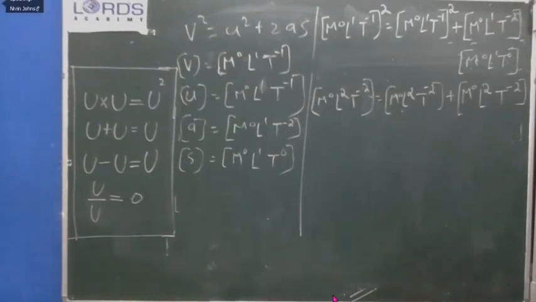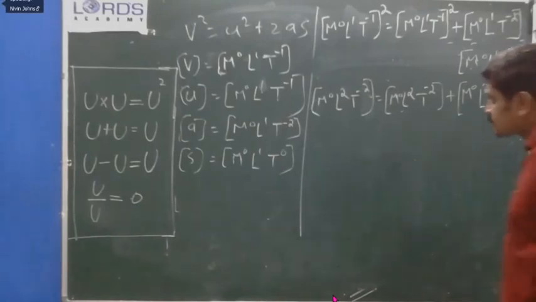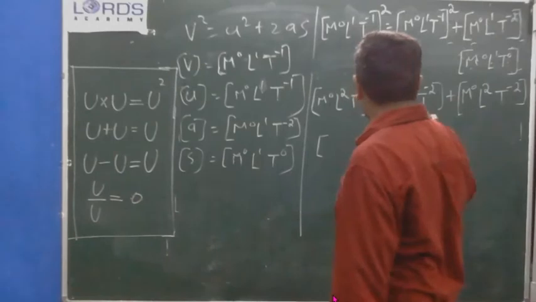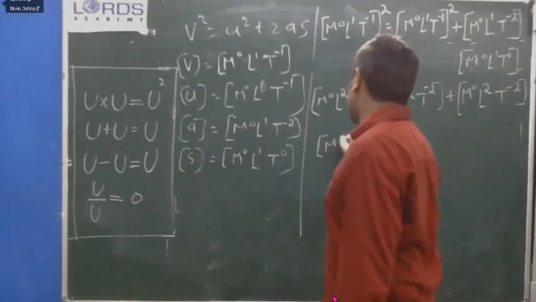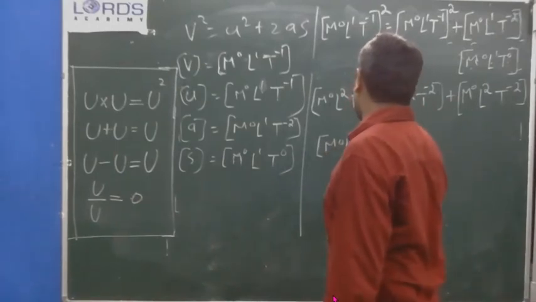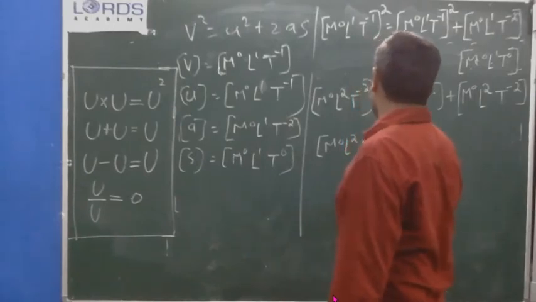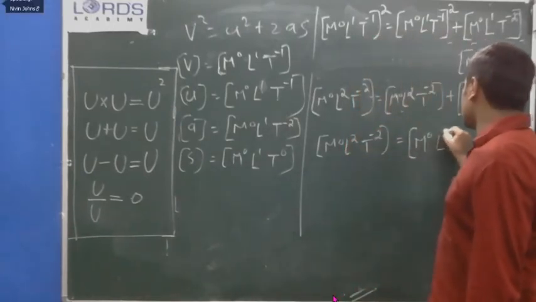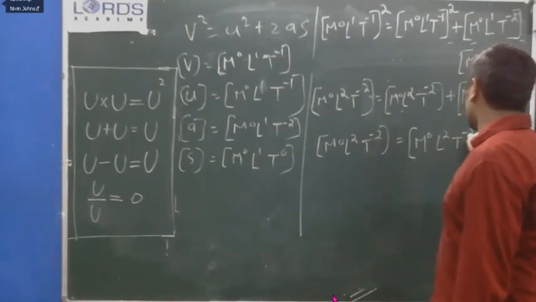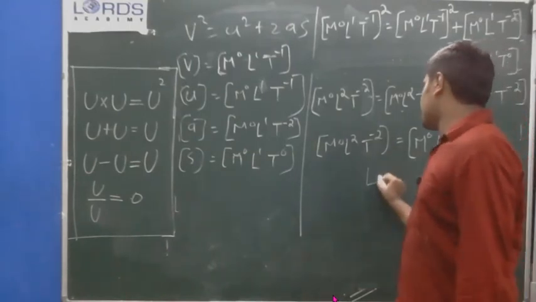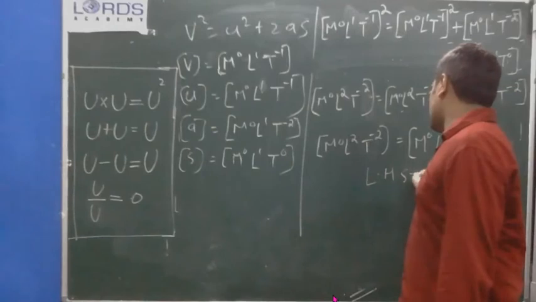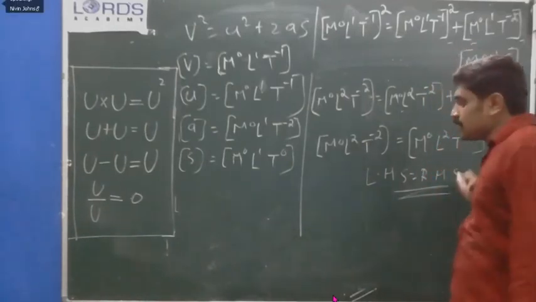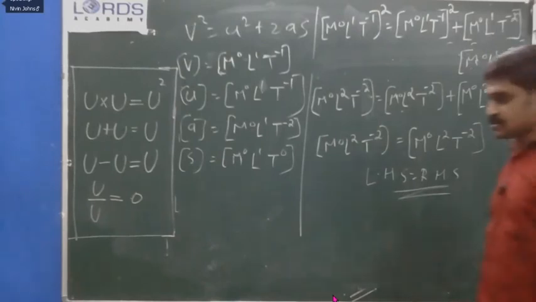Okay, just to conclude, Nivin, just complete this. We have to add this also: S square, T raised to minus 2, equal to M raised to 0, L raised to 1, T raised to minus 2. So we obtain LHS equal to RHS. So the equation is dimensionally correct.